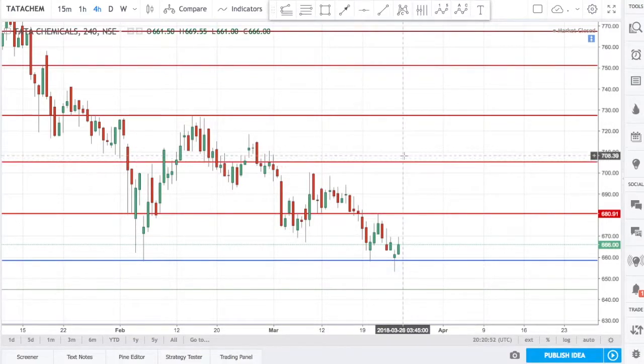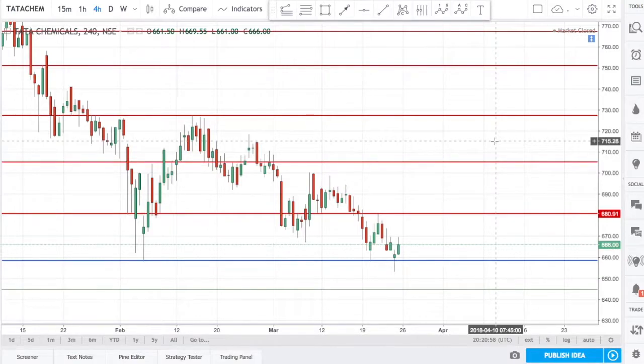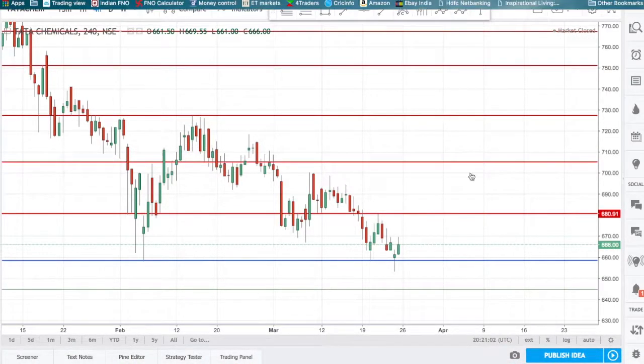For the time being, let's focus on this chart and the advanced pattern that has formed on Tata Chemicals.